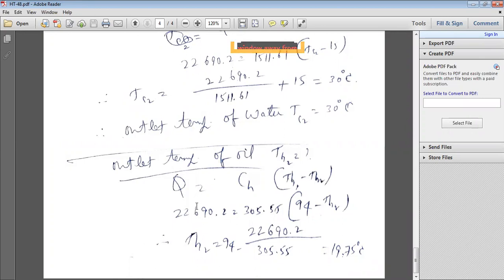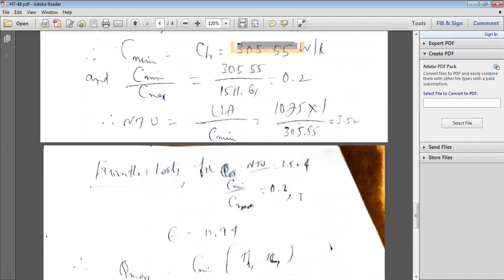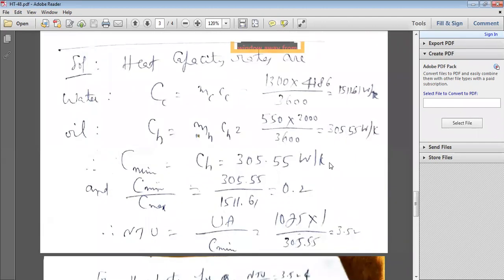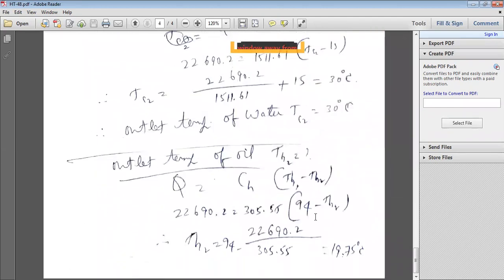Therefore, Q value 22,690.2 is equal to 305.55, that is capital CH, into the inlet temperature of the hot fluid 94 minus TH2, in centigrade. What is TH2?